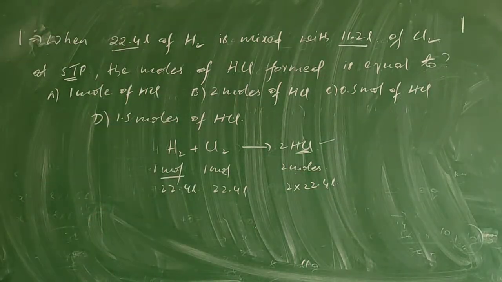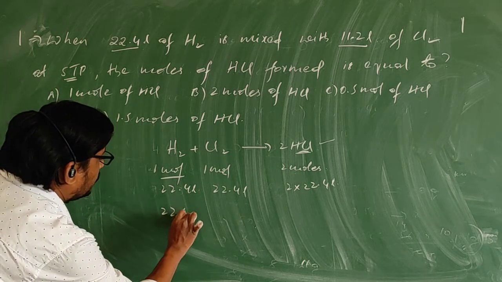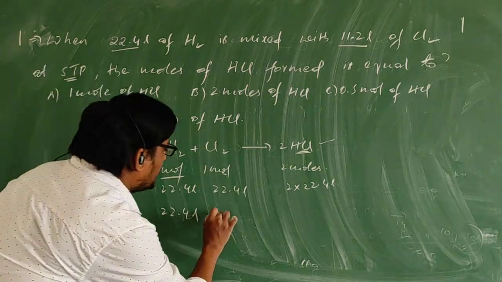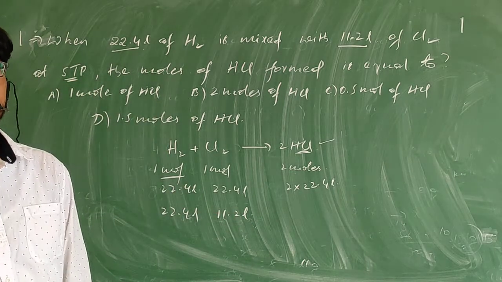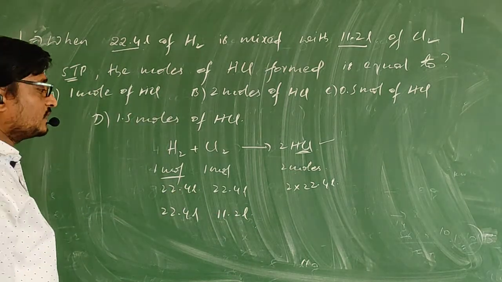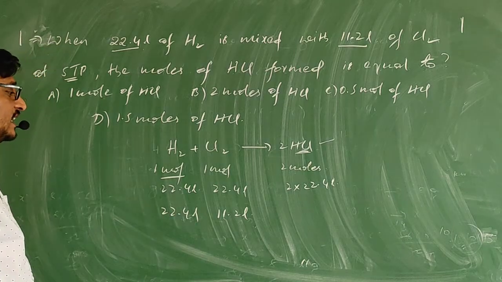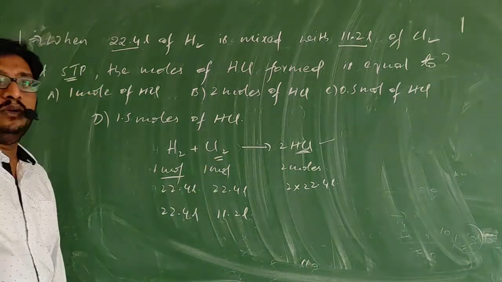In the given question, he has given 22.4 liters hydrogen and only 11.2 liters chlorine. So here you can easily understand that the limiting reagent is nothing but the chlorine.